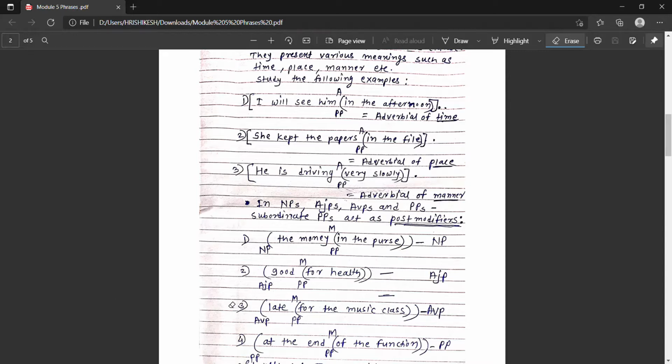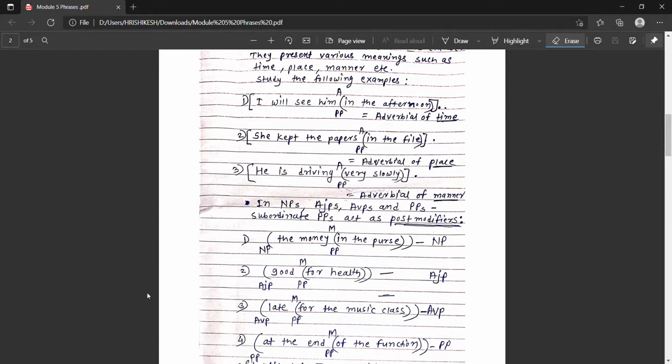For health is a prepositional phrase. Why? Because it begins with the preposition for. The function of this prepositional phrase is post modifier. So in the adjective phrase, the prepositional phrase for health is a subordinate prepositional phrase functioning as a post modifier.